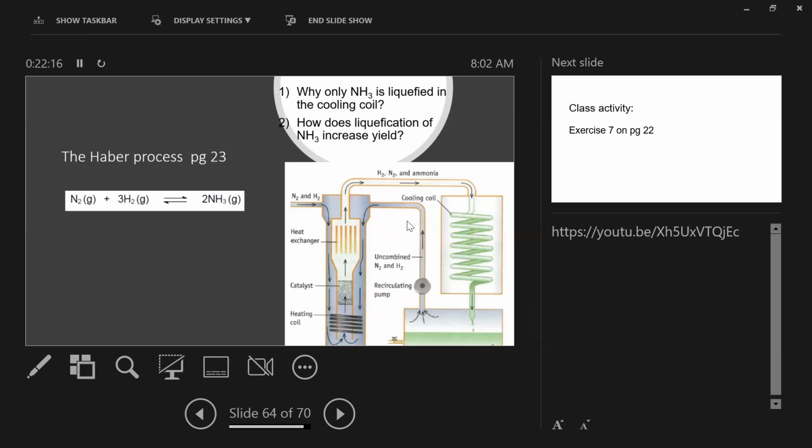If only ammonia is liquefied, what should its boiling point be compared to hydrogen? Higher.